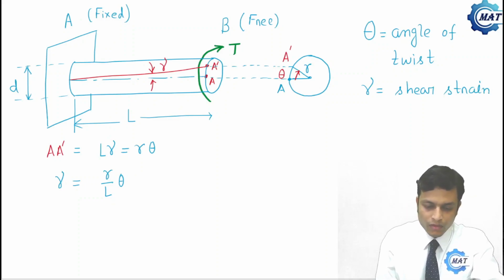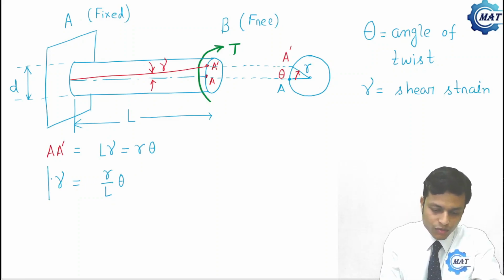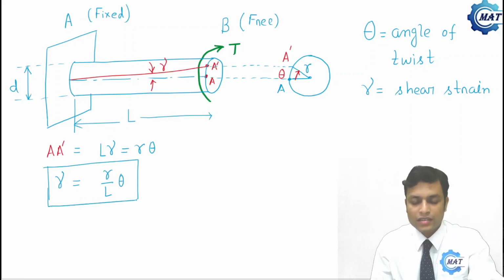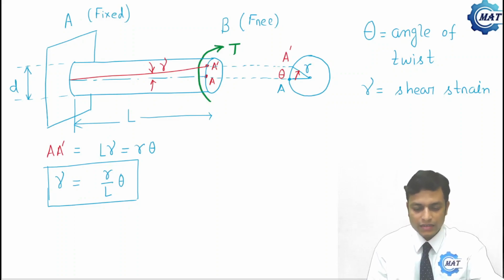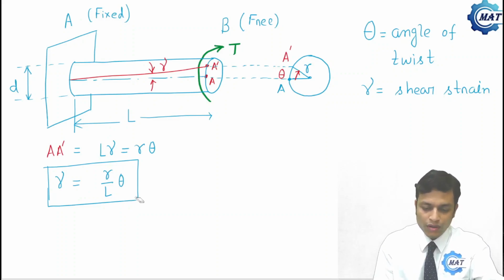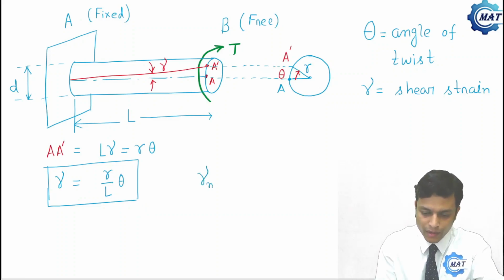Now we can understand from this equation that shear strain is maximum at the surface, that is where radius is r. So alternatively we can write that maximum shear strain is r by L into theta.